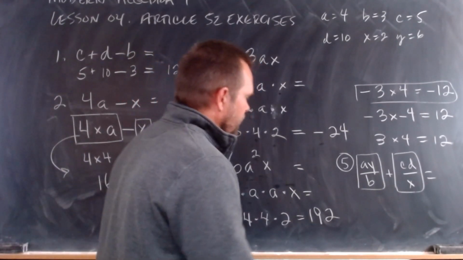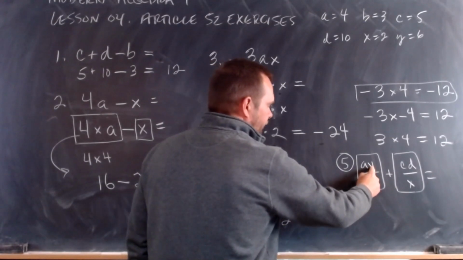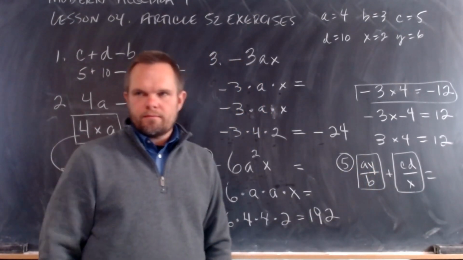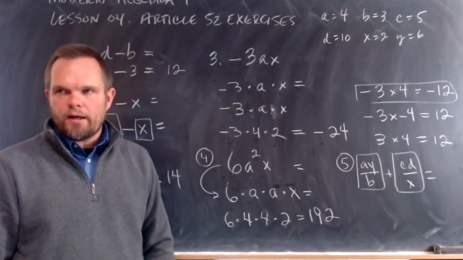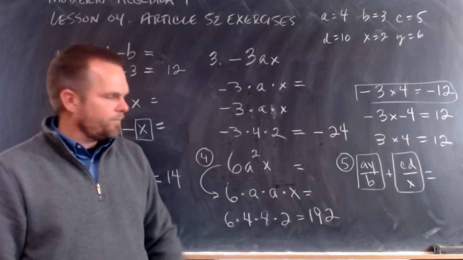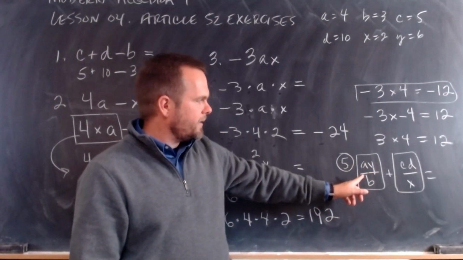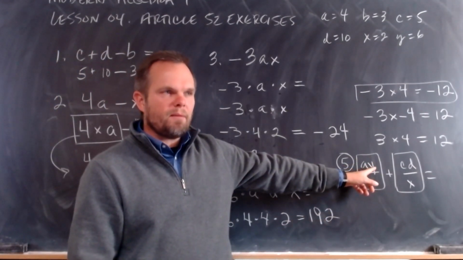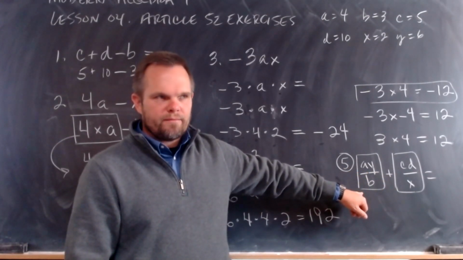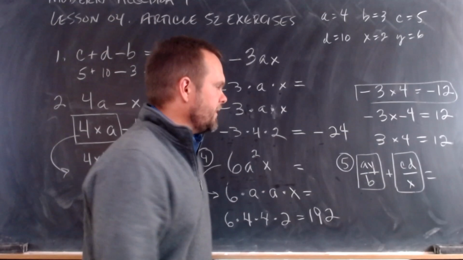All right, so we have a y over b. What does that mean? A times y divided by b. Find the product of a times y, and then divide that by b. So let's do that.